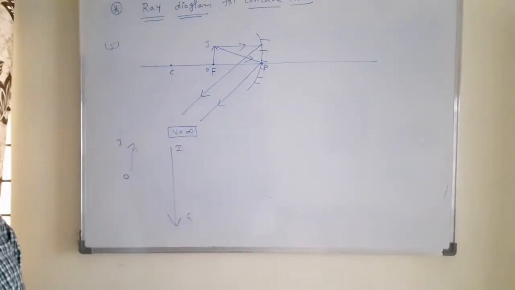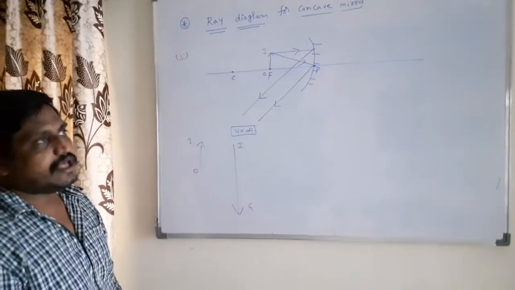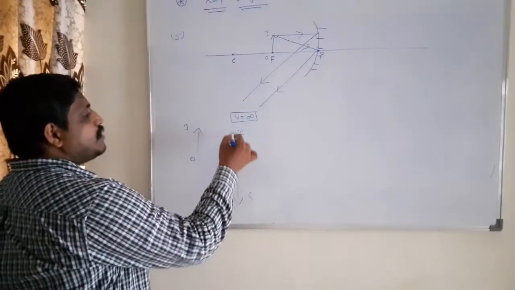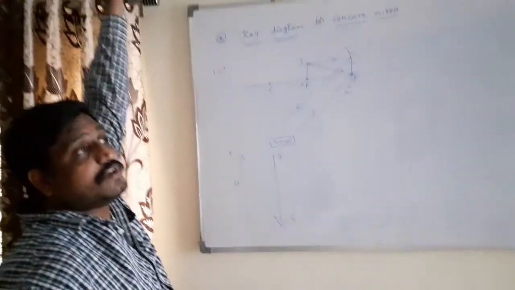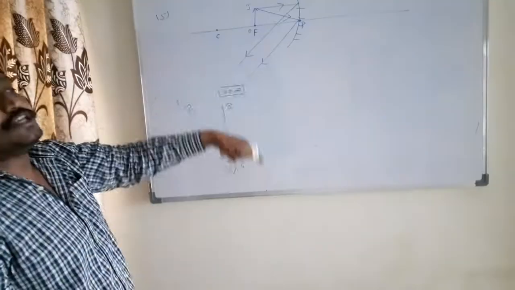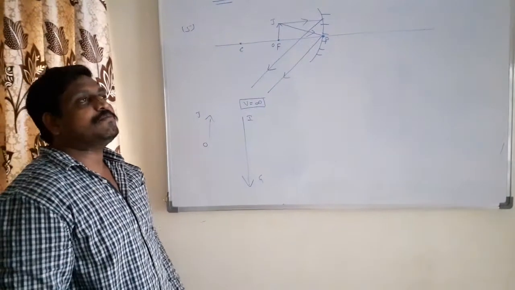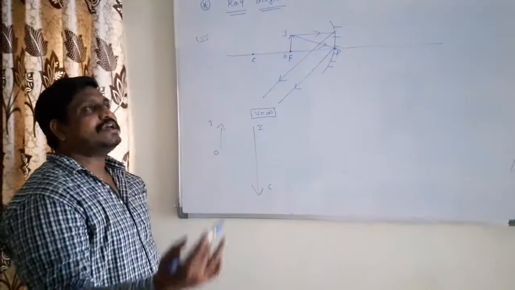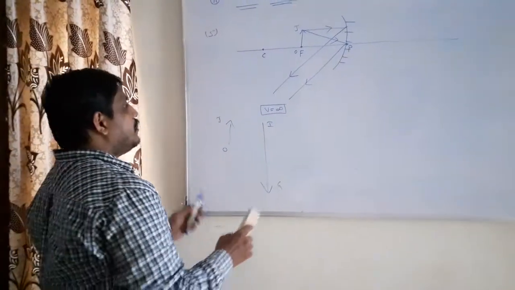Both are inverted, that means here also the image is inverted, but very magnified image is formed. Once again, object at infinity, image formed at focus; object at focus, image formed at infinity. All are inverted, real images, some cases diminished, some cases magnified, all are revised in the textbook.